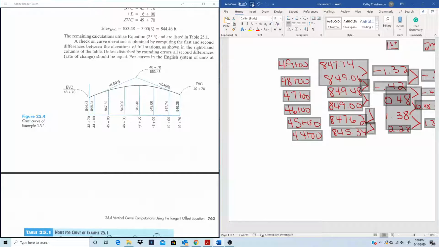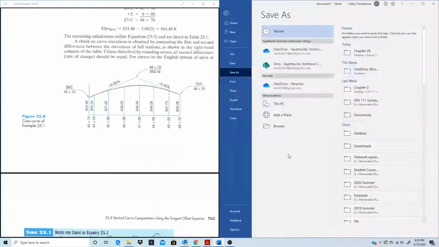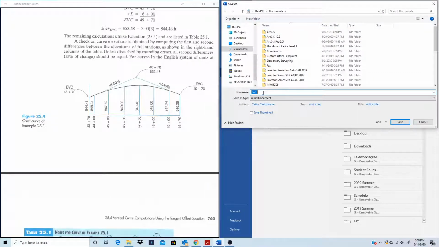Let me save this before I've got a mess. Once I save it, I may just pick it up and show you in the next one how to actually do that, and I will.